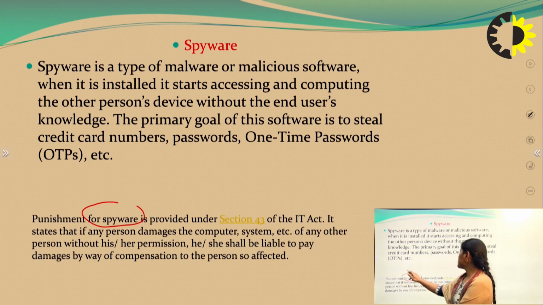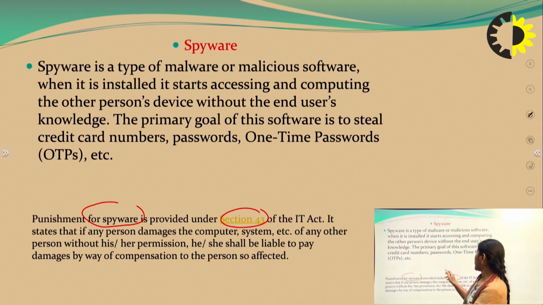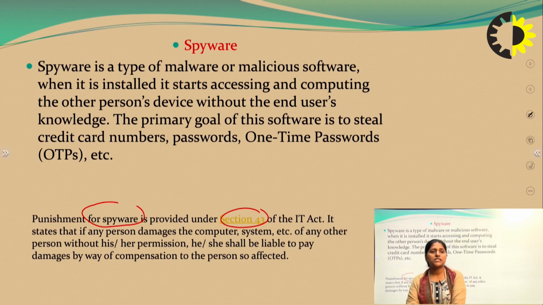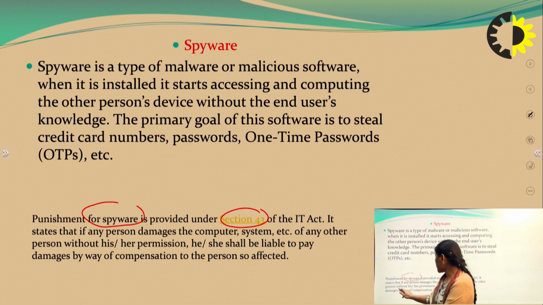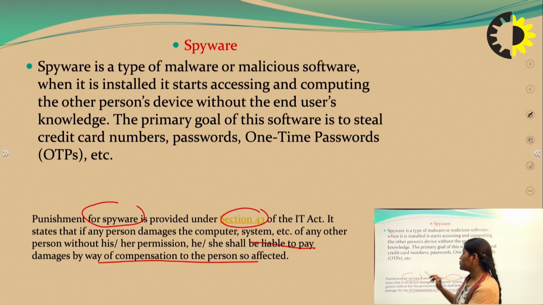So when someone has installed some spyware in someone's system, then under section 43 of the IT Act, it states that if any person damages the computer system of any other person without his or her permission, he shall be liable to pay damages by way of compensation to the persons affected.